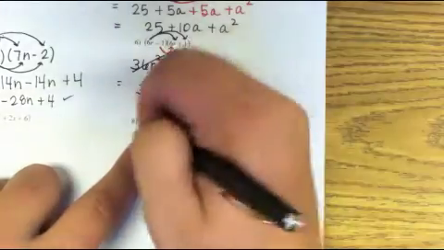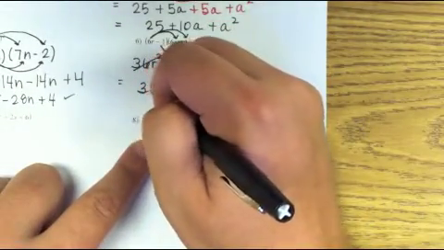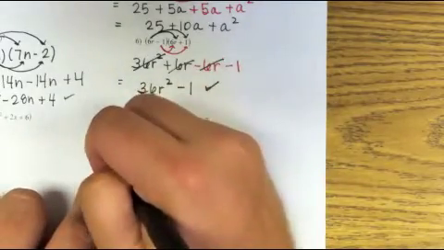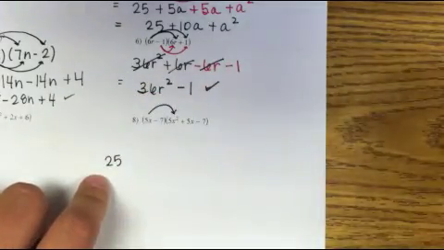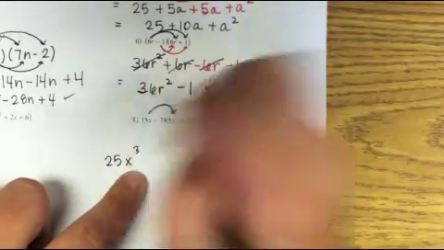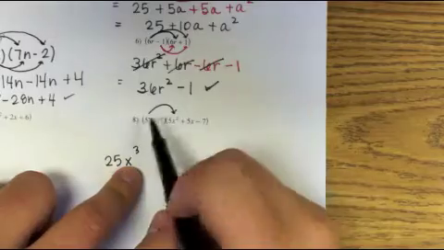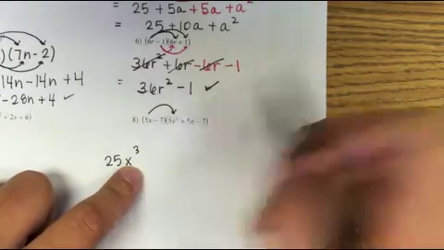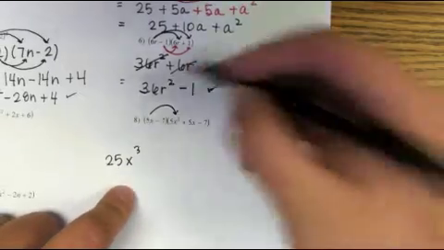So let's go ahead and start with the 5x. 5x times the 5x squared is 25 what? X to the, is it to the second? No, it's to the third, right. It's to the third because you've got 1x, we're multiplying, so we need to touch the exponents. 1 plus 2 gives you the 3, okay?